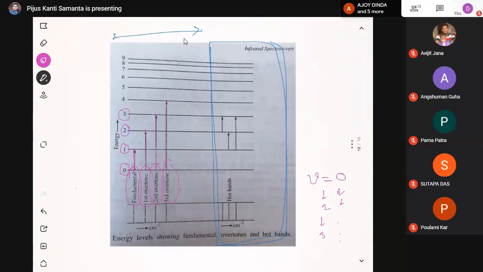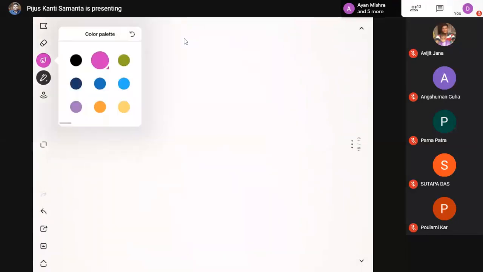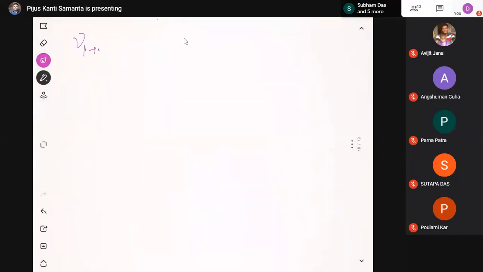So if we write, the molecule jumps from v equal to 1 to v equal to 2 state.